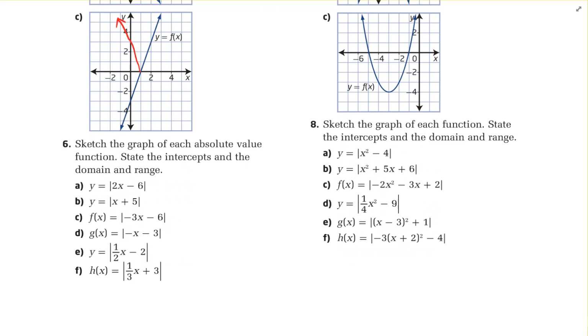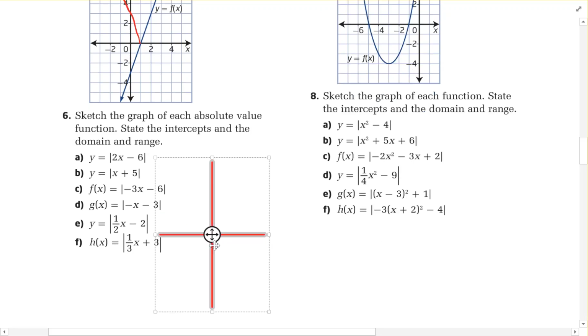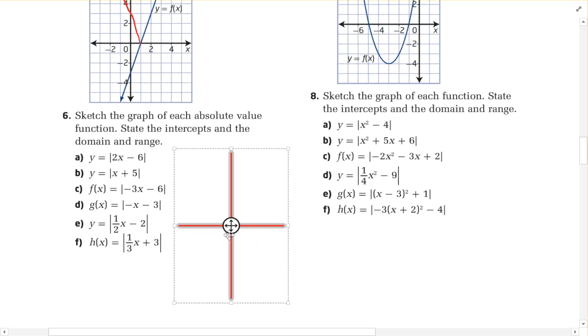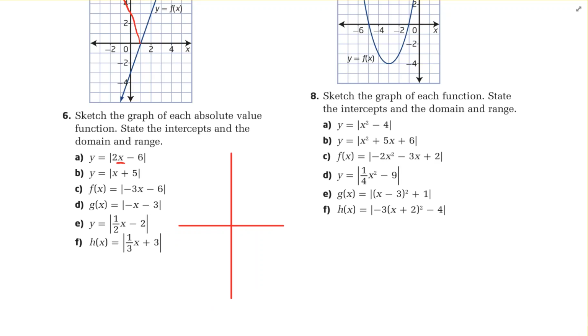Okay, for 6A, let's say we had a little table started, then first off, let's figure out what some numbers are here. I could figure out what our y-intercept is here if I just put a 0 in place of x.